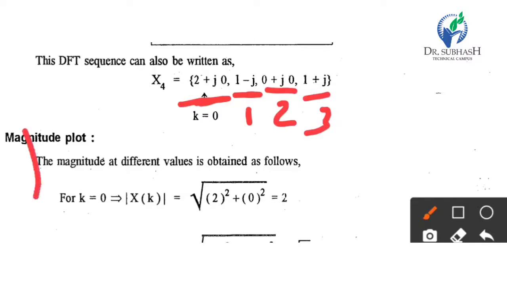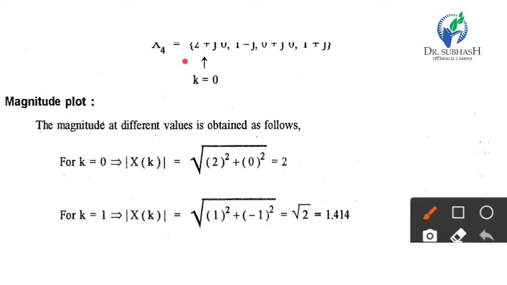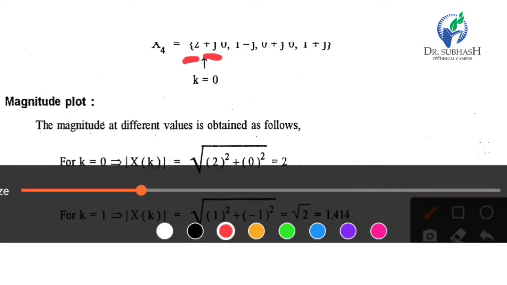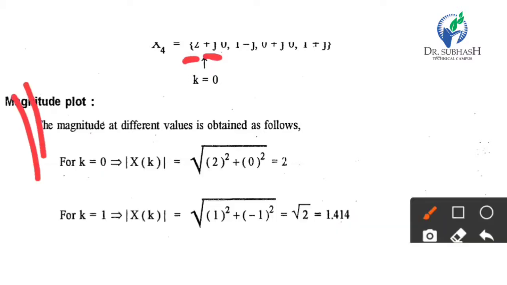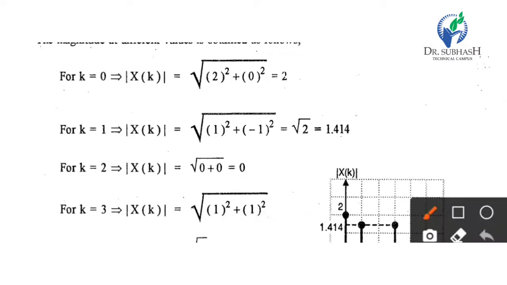So for k equal to 0, mod x of k equal to under root 2 square plus 0 square. So 2 square is 4 plus 0, and under root of 4 is 2.